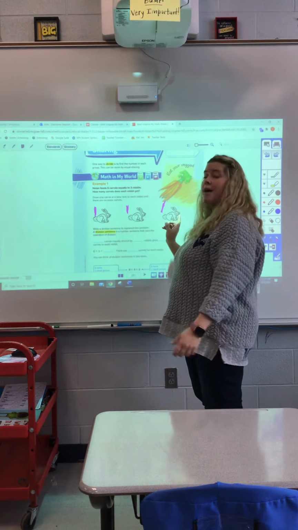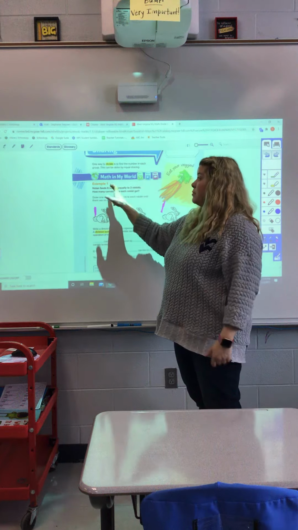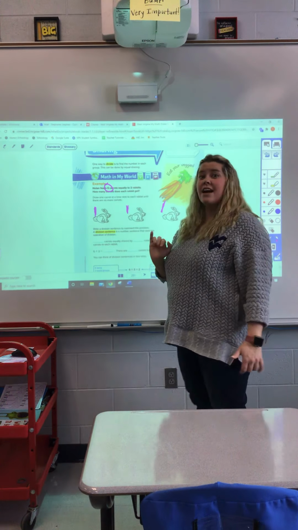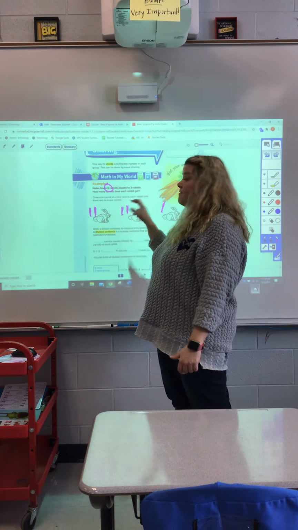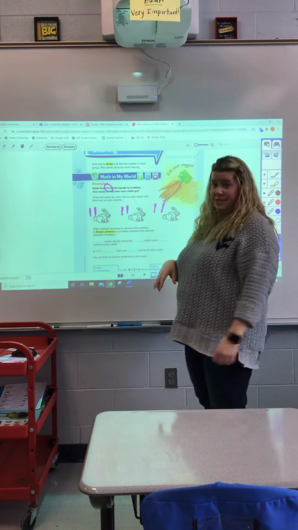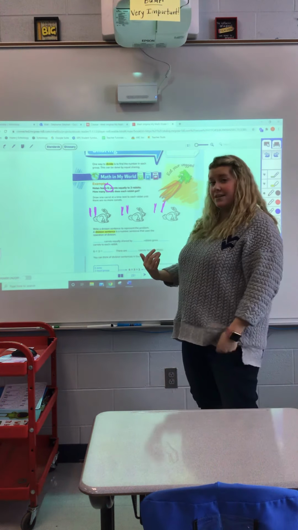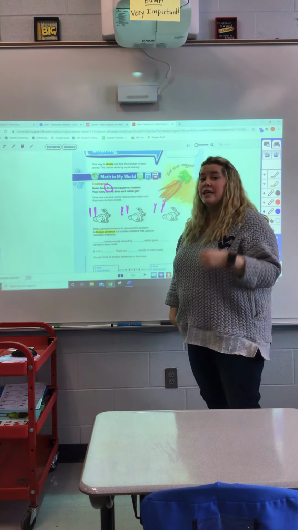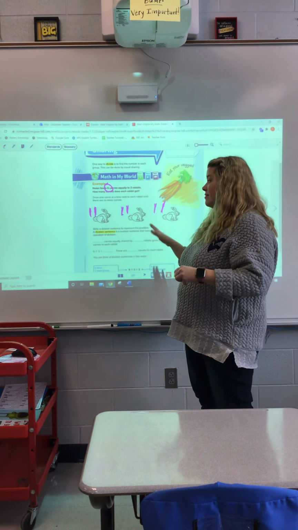Okay, so each rabbit has a carrot, but am I at 6 yet? So I got to keep counting because remember, Nolan fed 6 carrots. So 1, 2, 3, 4, 5, 6. Okay, now each bunny has 2 carrots and I got to 6. Okay, so we equally shared the 6 carrots among 3 rabbits.